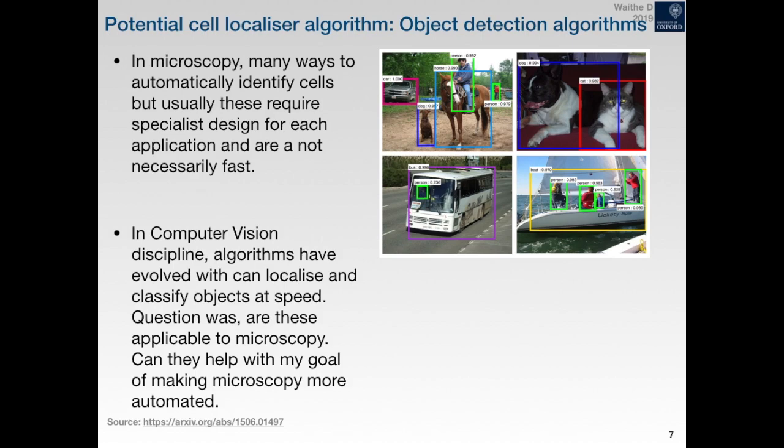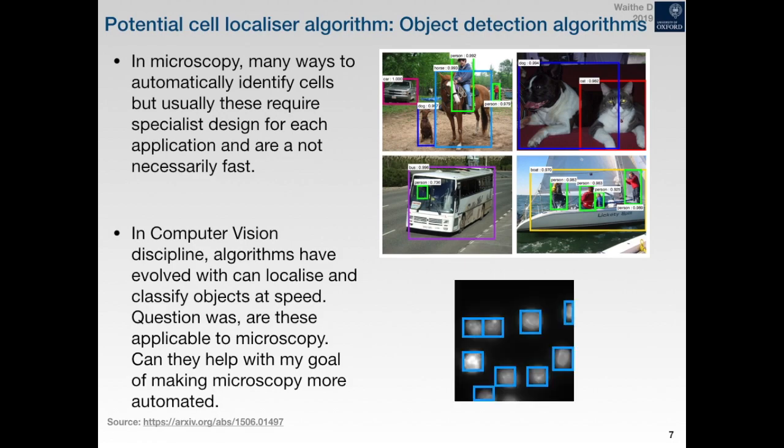So the challenge for us was, I know there's a number of leading algorithms out there, but how easy is it to get them to work on microscopy, where we have much less data compared to these very large image data sets? Some of these photography data sets have hundreds of thousands of images in them. In microscopy, you don't want to take 100,000 images before you can run your experiment.